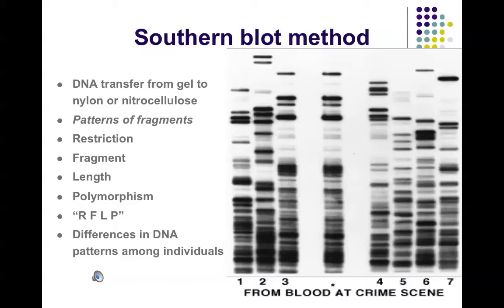And the likelihood, at least in a large population, of finding two individuals with exactly the same RFLP is extremely low. Very, very unlikely that we would find two people with the same pattern in the same geographic location, unless, of course, they're identical twins or extremely closely related.